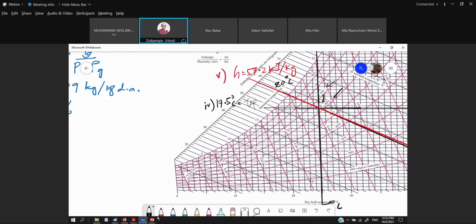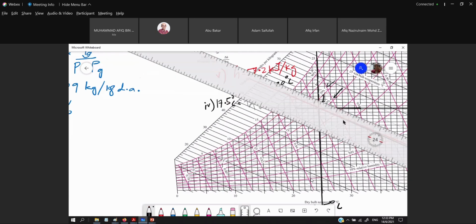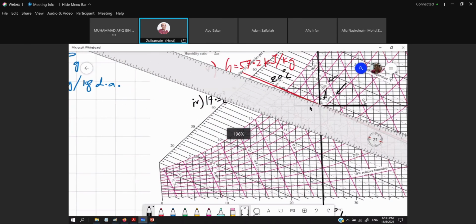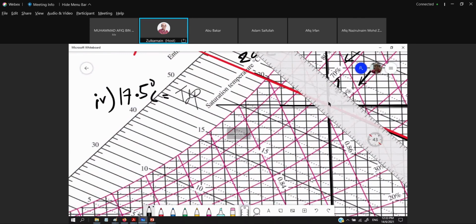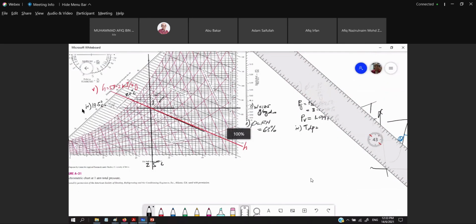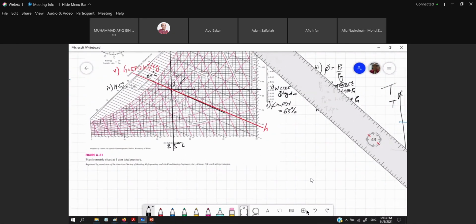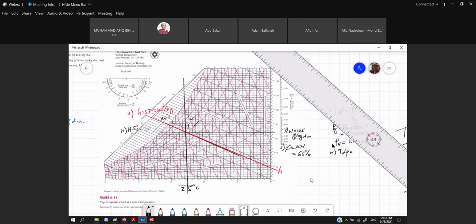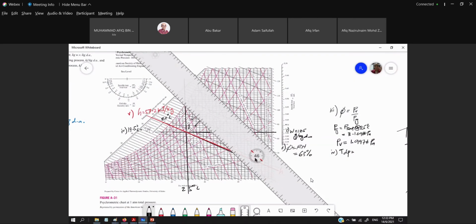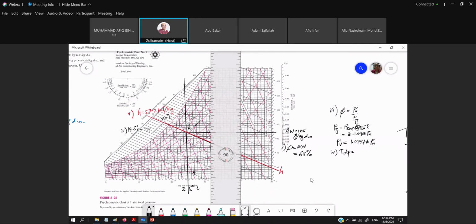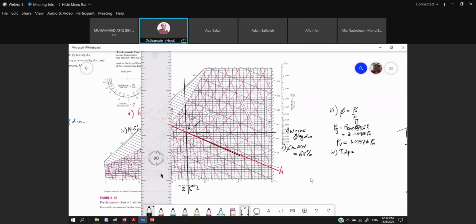So if we cool it down until 10 degrees C, where is 10 degrees C? So this is 10 degrees C. Let me adjust it a bit.